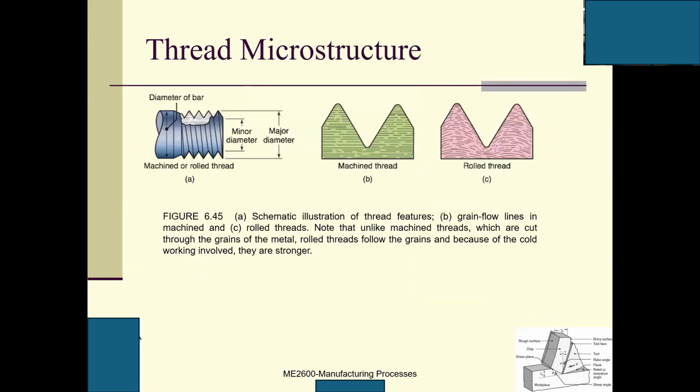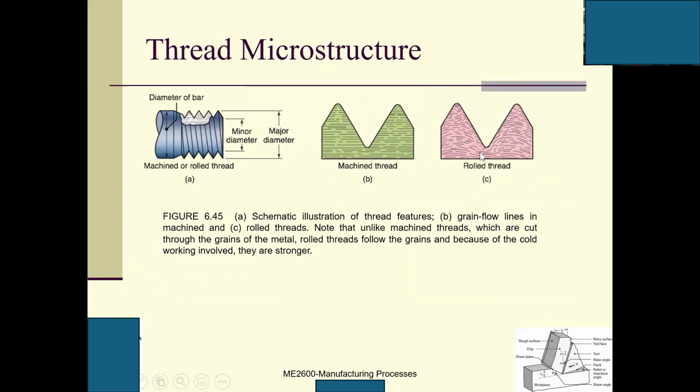The thread microstructure. So here, after threading, we can see A is the schematic illustration of thread features. B is the grain flow lines if we machine it.